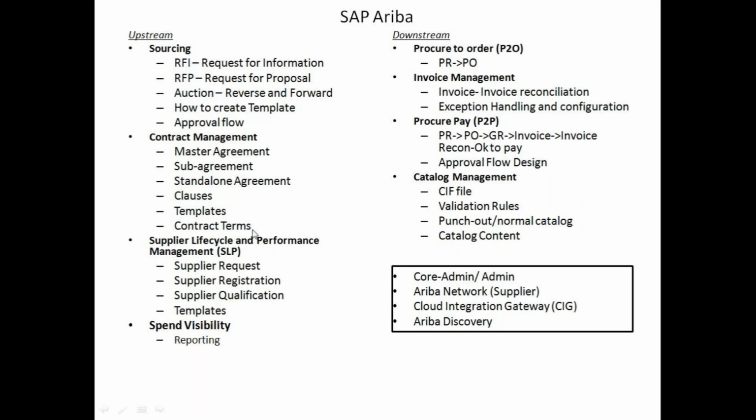We'll start with SLP, because for any procurement, the very simple thing you need is a buyer and a seller. If you want to buy something, you need someone who is selling something. In supply chain language, buyer and supplier are the two basic pillars of any procurement process. So as part of the training, I will be adding you as a supplier in the beginning, and then we'll perform all those RFI, RFP and auction events with you.